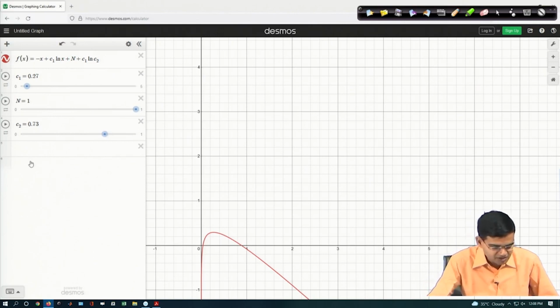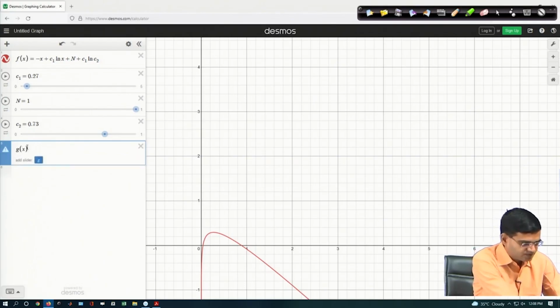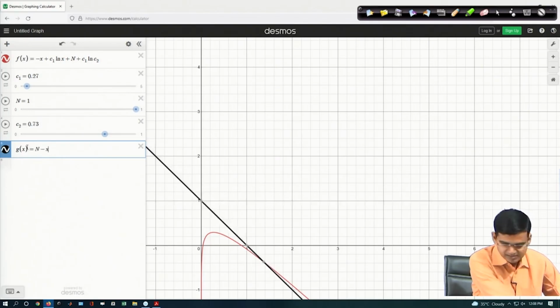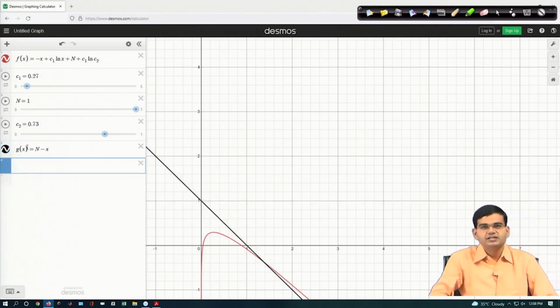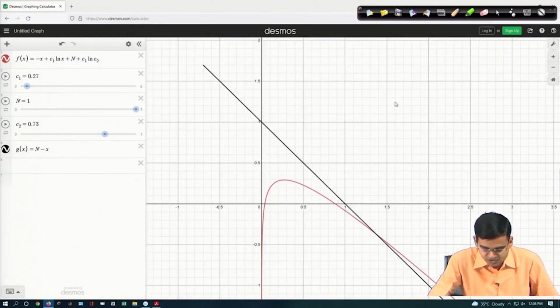So, I must now here write g of x should be n minus x, right. So, now I have a triangle. So, let me zoom it in.